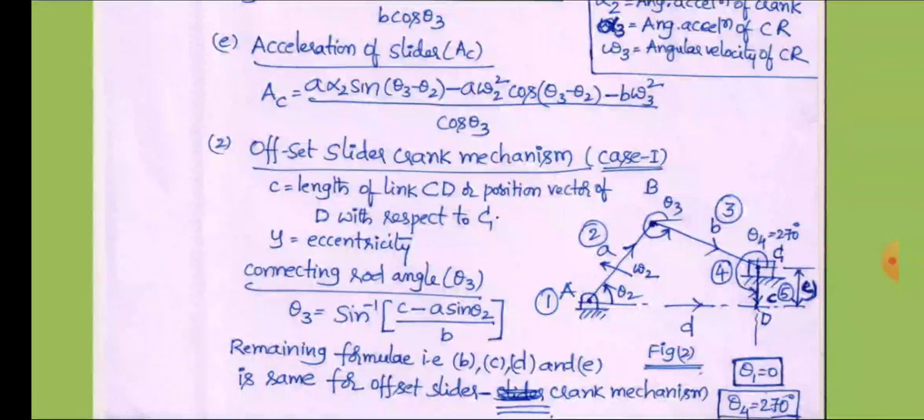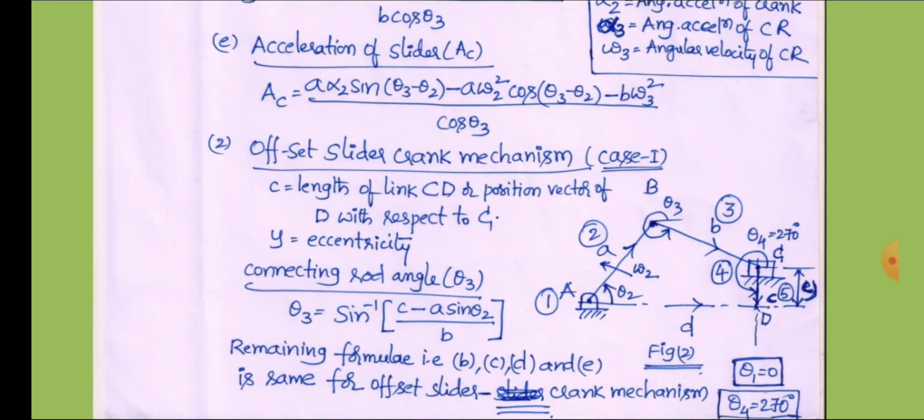Only the connecting rod angle formula is different. All the remaining formulas are the same as for the slider crank mechanism. So remember, along with the 6 formulas we already know in the case of the slider crank, you must remember one more, because the connecting rod angle formula is different for offset.